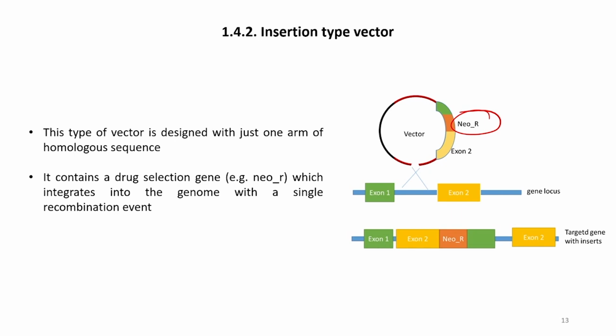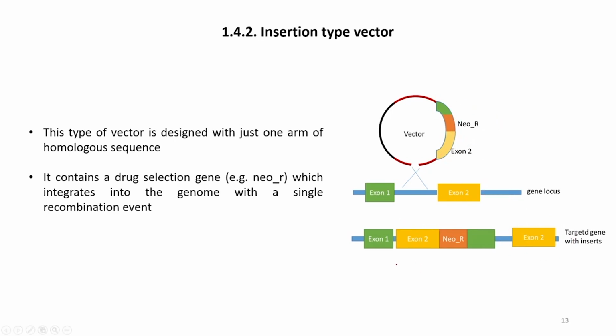So, you can see here that this is the gene locus, and recombination has taken place in this particular region, and as a result you have the insertion of exon 2 of the vector and the neomycin R gene flanked by this region attached to the neomycin resistance gene, and this exon 2 belongs to the targeted organism's DNA.